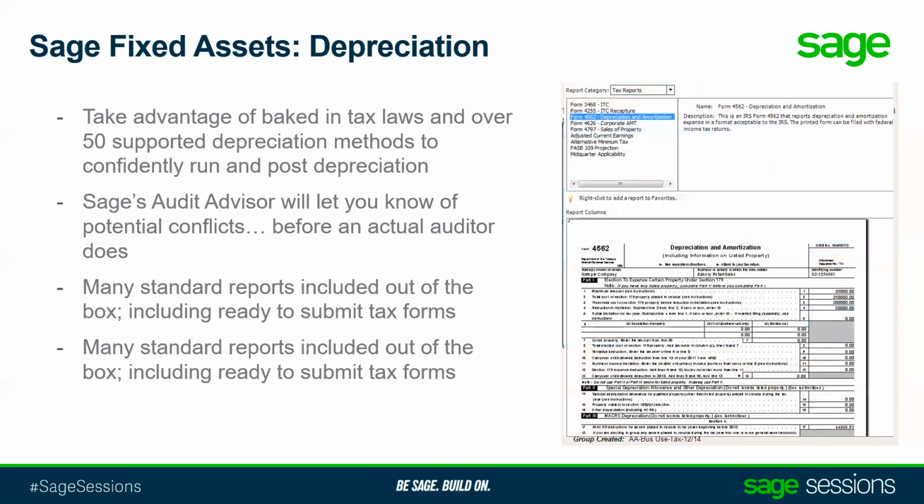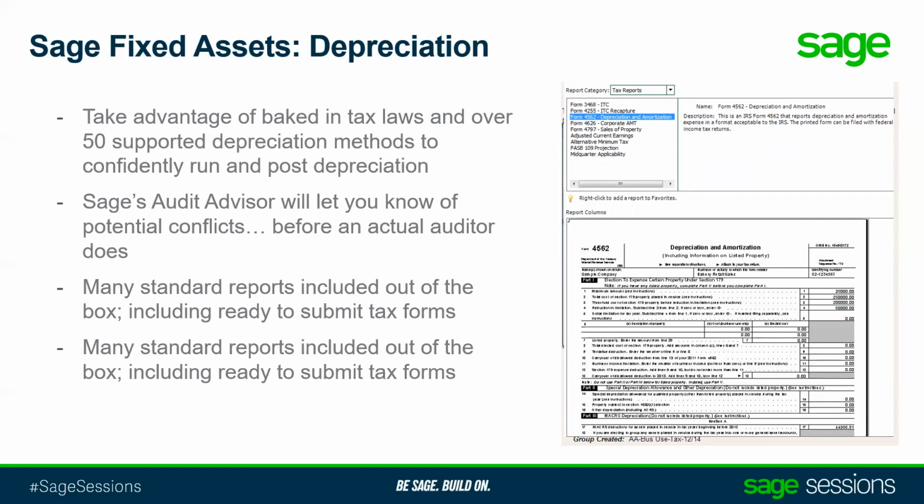Some of these standard reports built in, especially if you are doing your own tax depreciation, and even if you are using a third-party accounting firm, for example, the fact that you can generate your own 4562, an actual fileable form, makes a really great use and gives you full transparency into what's going on.